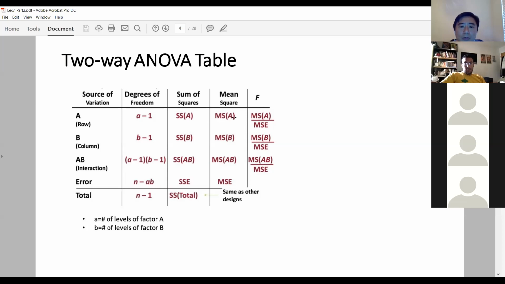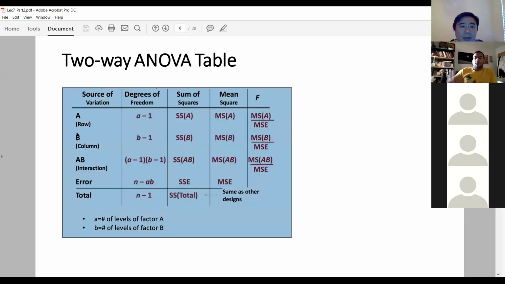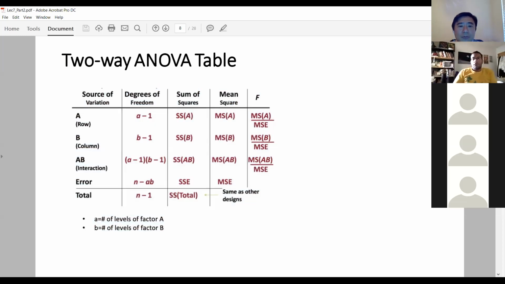The mean square error is equal to the sum of squares divided by the degree of freedom for error, and the mean square for each factor is equal to the sum of squares divided by the degree of freedom for that factor. So it's the average sum of squares per degree of freedom.